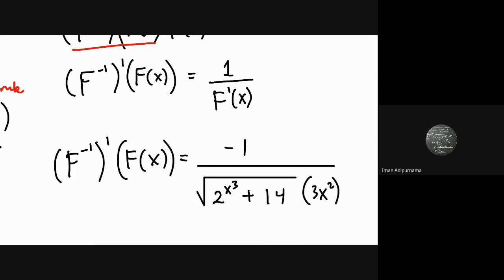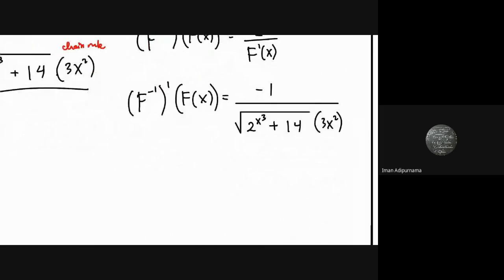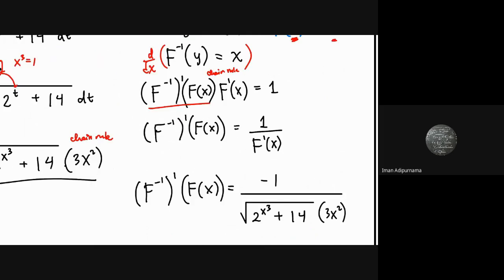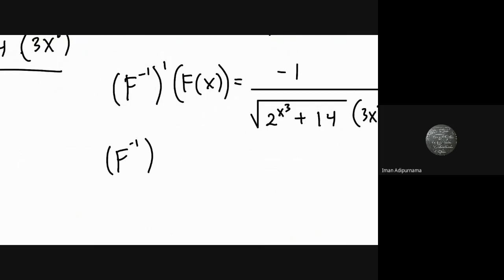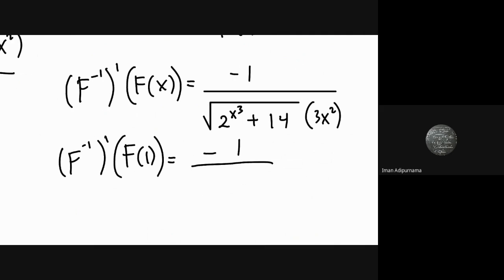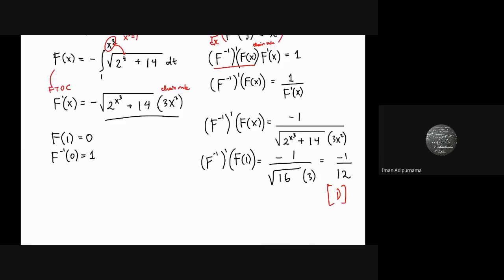So to make it 0, we need to have x equal 1, right? So f inverse prime of f of 1 will be equal to negative 1 over 12. This will be d.